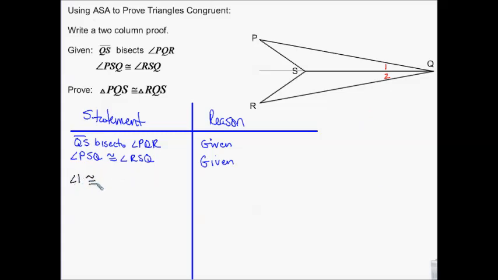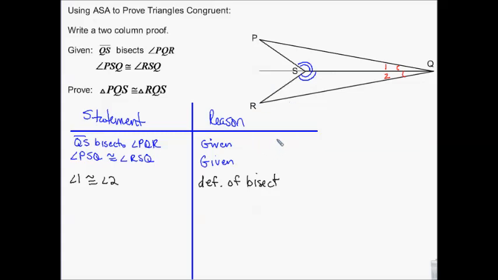Angle 1 is congruent to angle 2, and that's the definition of bisect. Okay. So I'll label those. Angle 1 and angle 2 are the same. And then angle PSQ, that's this angle right here, is the same as angle RSQ, that's this angle right here. Those two are the same.